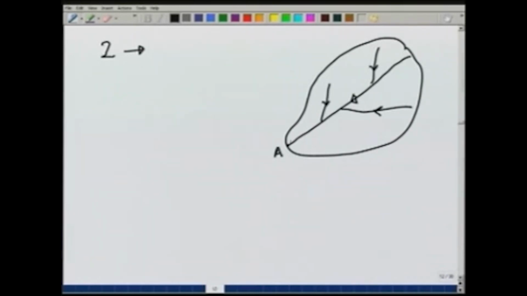Now, there may be a river which is joined by number of tributaries, and this area being very large, let us say more than 5,000 kilometer square, we will not be able to use the unit hydrograph to predict the direct runoff at A due to any storm occurring over this area, because typically for a larger area the assumptions made in the unit hydrograph theory will not be valid.